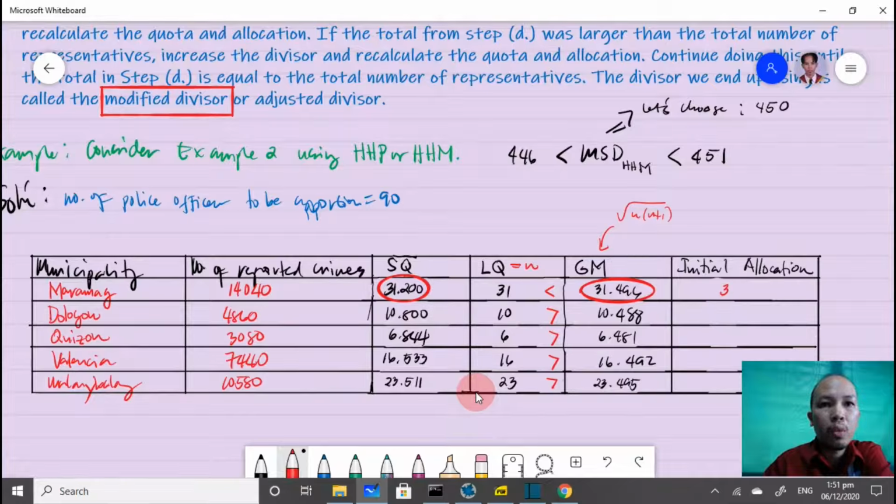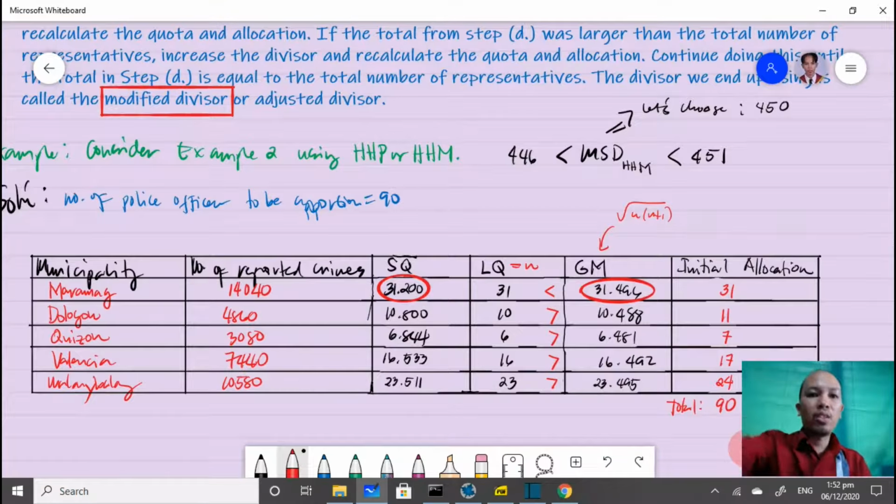So this is 31, this is 11, this is 7, this is 17, and this is 24. Sum it up: 31 plus 11 plus 7 plus 17 plus 24, we have 90. So the total is 90.